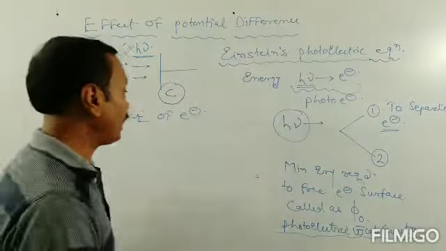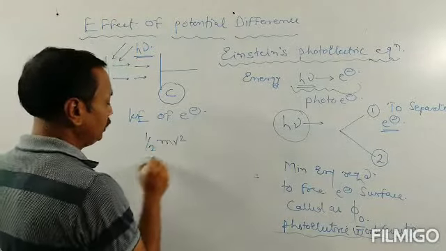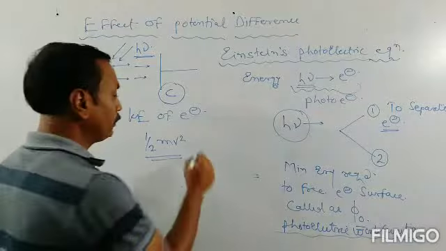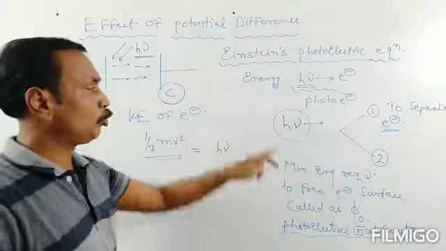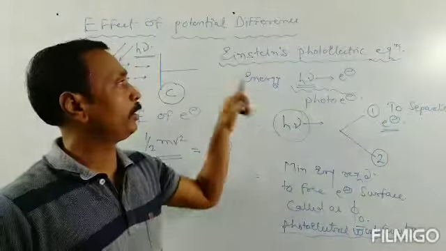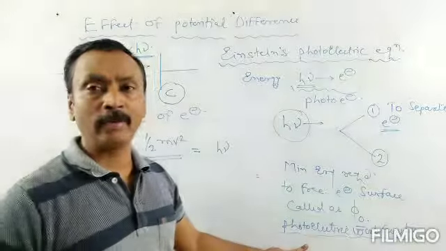So we can write the equation: 1/2 mv square, the kinetic energy, is equal to h nu, the total energy of the photon, minus phi0, the photoelectric work function.